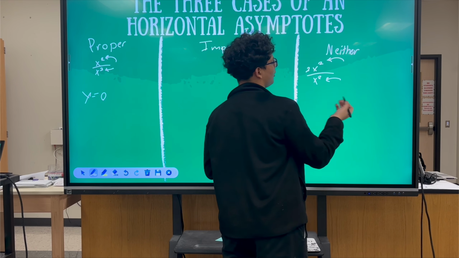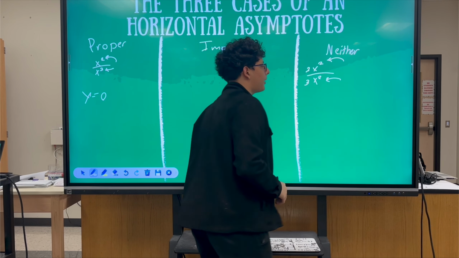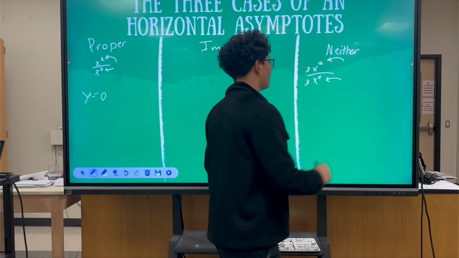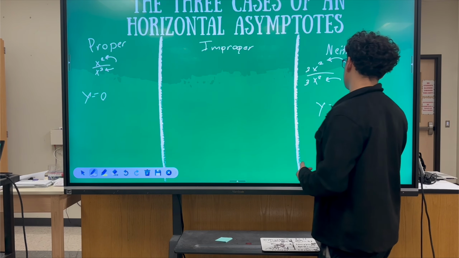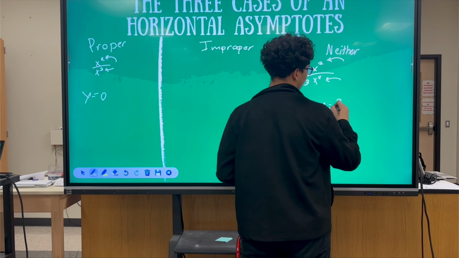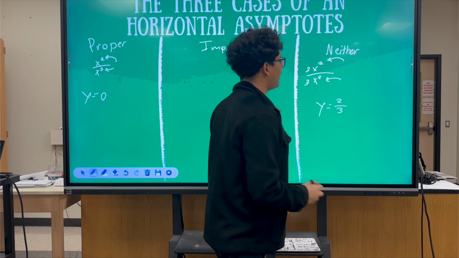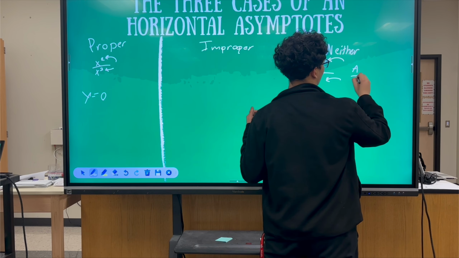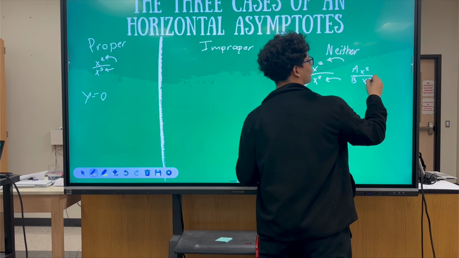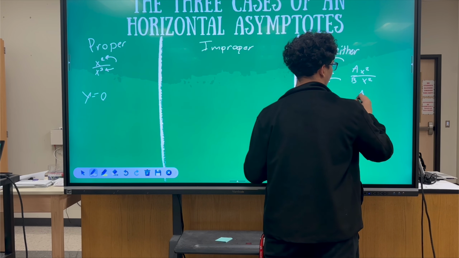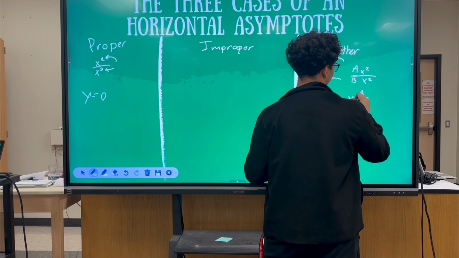Let's say that there was a 2 here, and let's say that there was a 3 here. You simply just divide. The horizontal asymptote would be equal to the ratio, so 2 divided by 3. Anything you have, let's say a over b, with your x squared divided by your x squared, it will always be a over b.